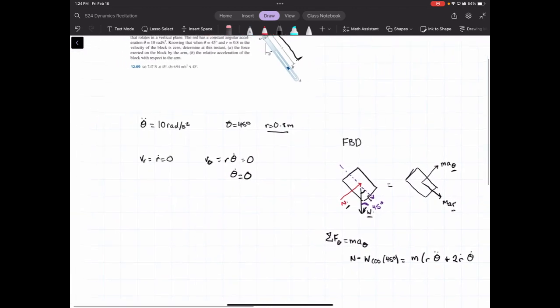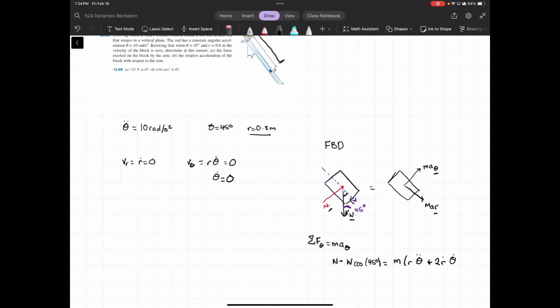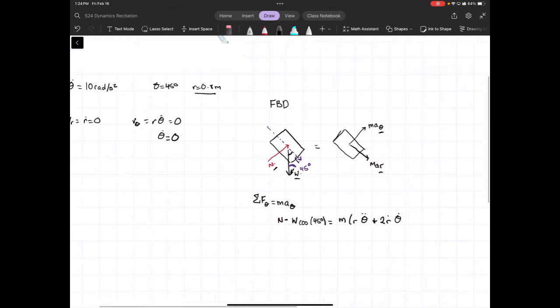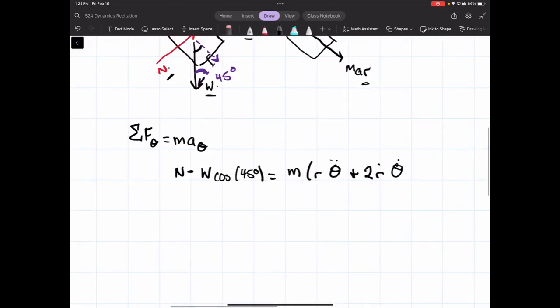And up here, we've already said that our theta dot and our r dot are 0. So we can effectively get rid of this term and say that's 0. So then we're left with this for our equation. And the only unknown we have is our normal force. So we can go ahead and solve for that right now.